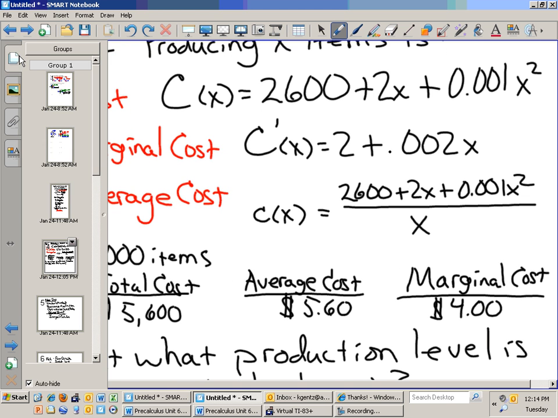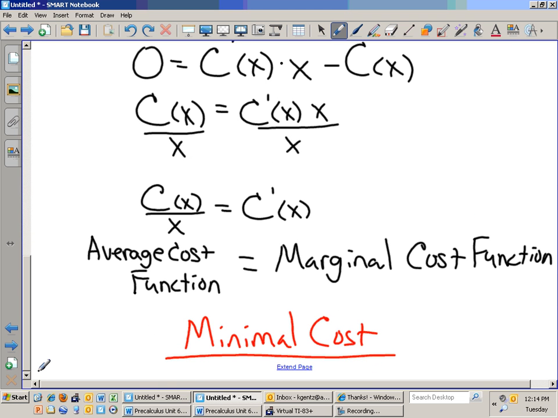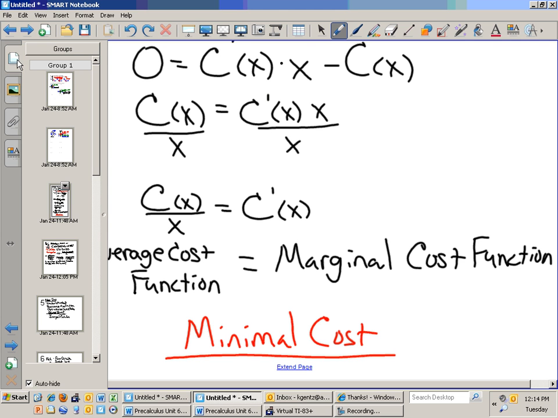That's why we went through this previous work, to be able to say that when the average cost function equals the marginal cost function, that's where we have minimal cost. So in order to answer this question, you need to take that average cost, set it equal to marginal cost, and solve. So let's do that.